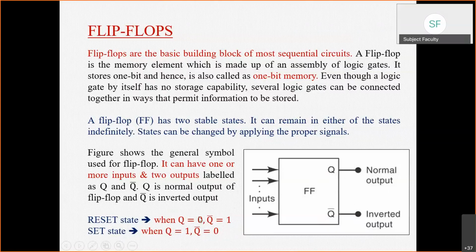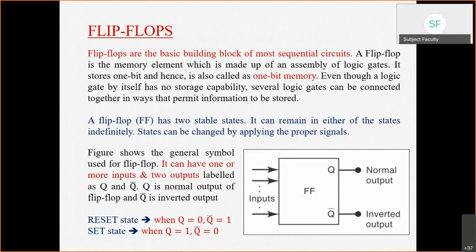Right. So when the output of flip-flop, that is the value of Q, is equal to 0, then that is the reset state. And when the value of Q is 1, then that state is called the set state.